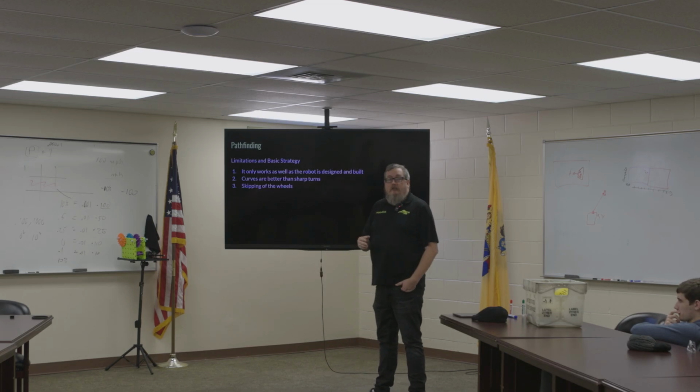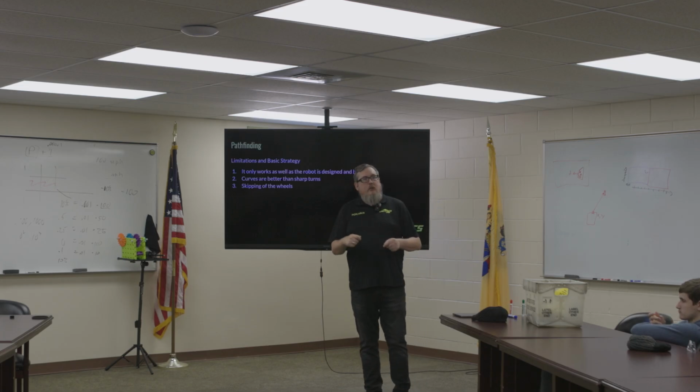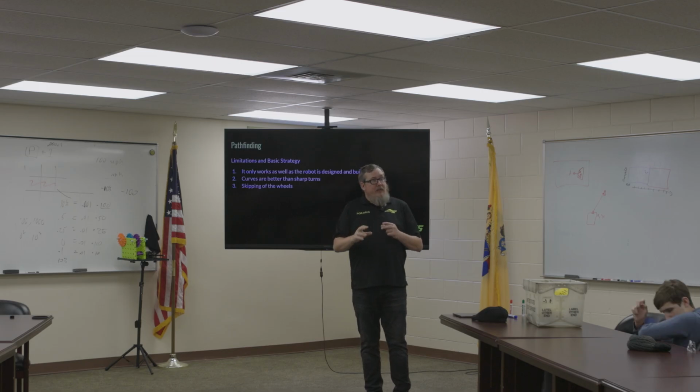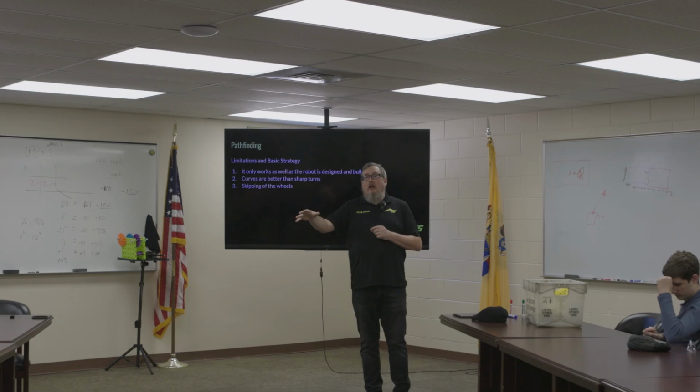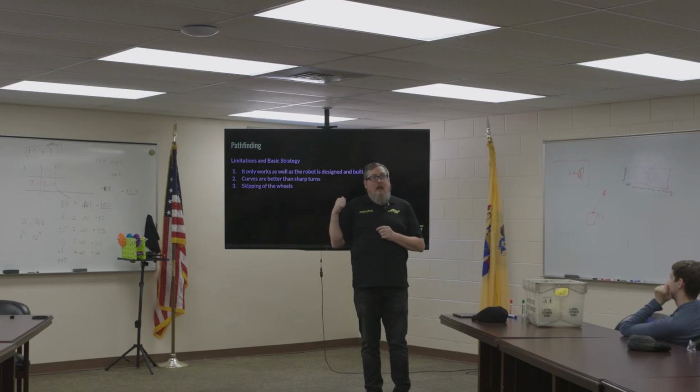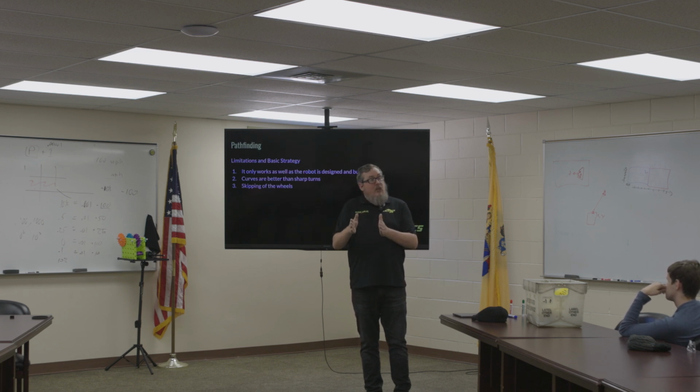If it's built shoddily, so loose bolts, loose gears, that odometry that I'm talking about is going to be slightly off. If gears are skipping, it's going to think it's completely somewhere else than it really is. And even with the Limelight, it's not going to be able to correct. The Limelight allows for subtle corrections.